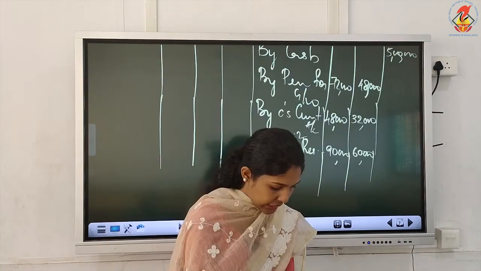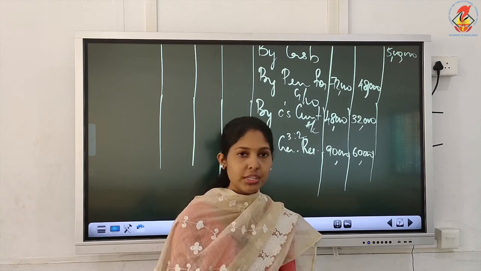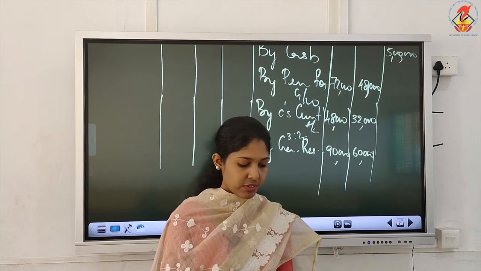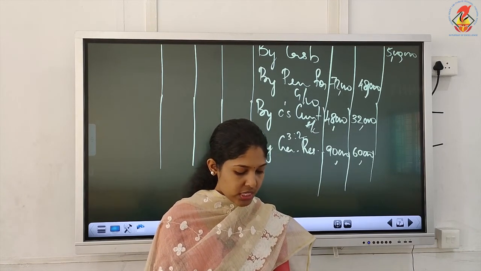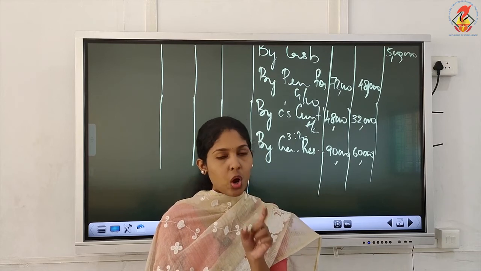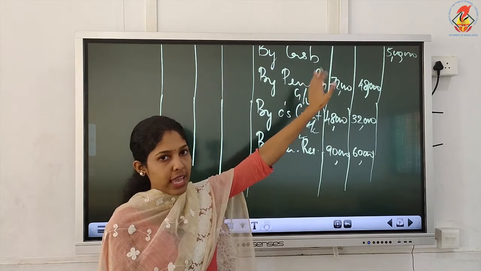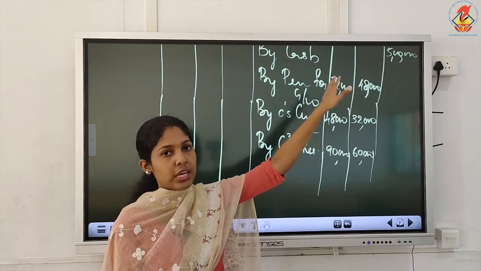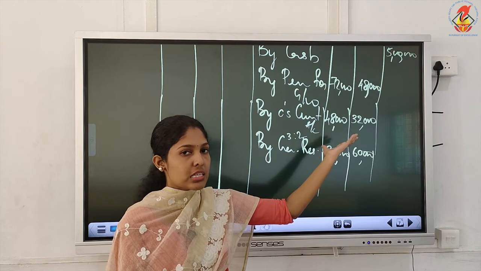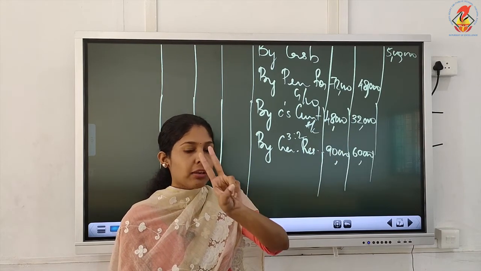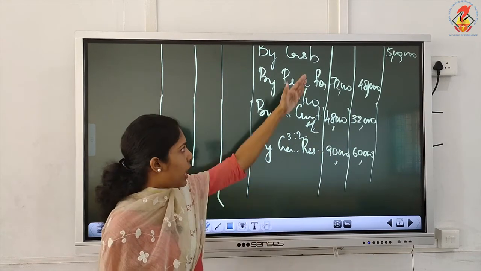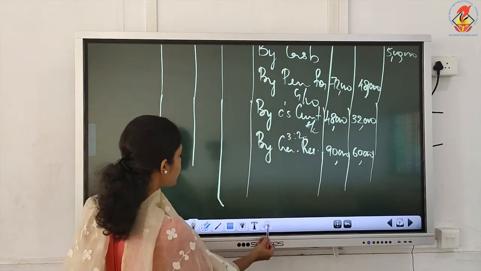Okay, the liability side is over. We have only general reserve there. On the asset side, you can see an item called goodwill. That also we discussed. If you see goodwill on the asset side, what did I ask you to do? You have to close it because that is the goodwill earned by A and B, only A and B. So you have to close it by transferring to the opposite side.